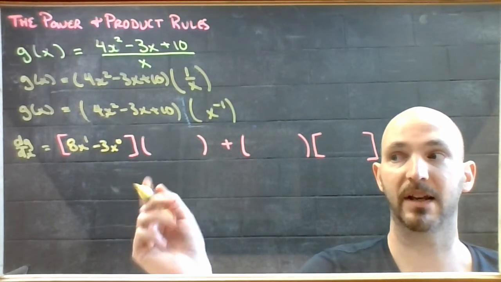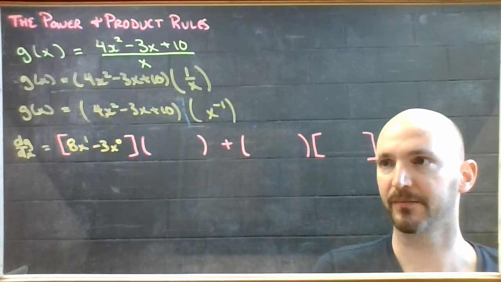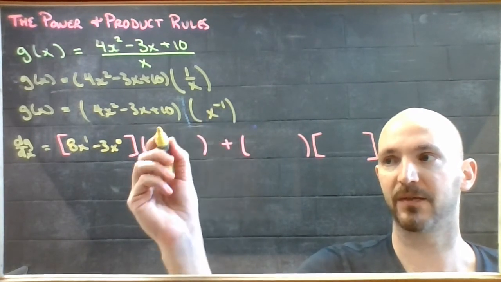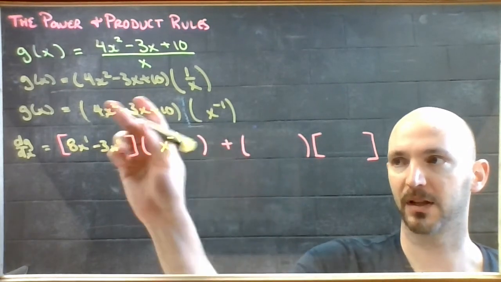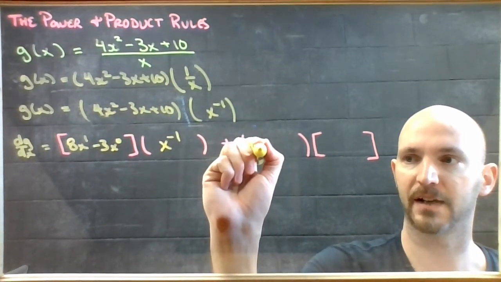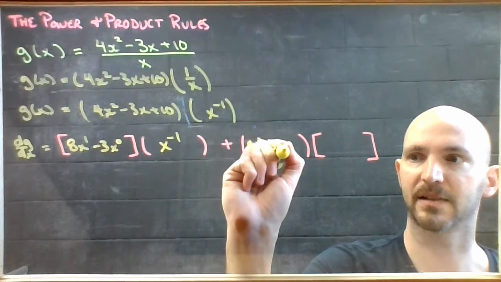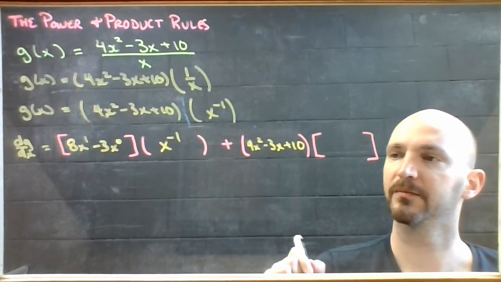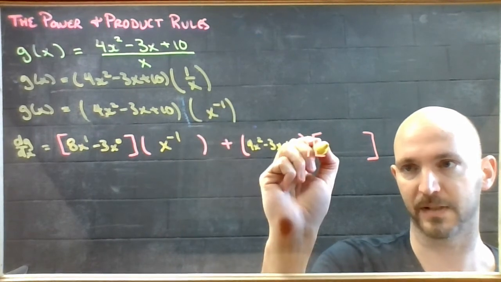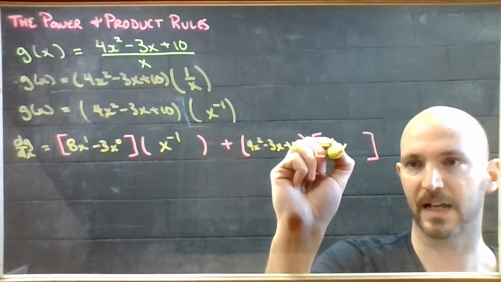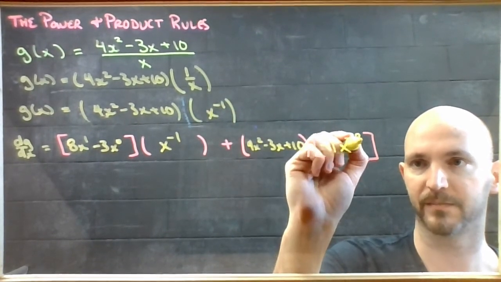And the derivative of any constant is just gone. Now I'm going to leave this one alone. Then I'm going to leave the first one alone, 4x squared minus 3x plus 10. And then I need to take the derivative of this, so bring the minus 1 in front, keep the x, drop it by 1. I get that.